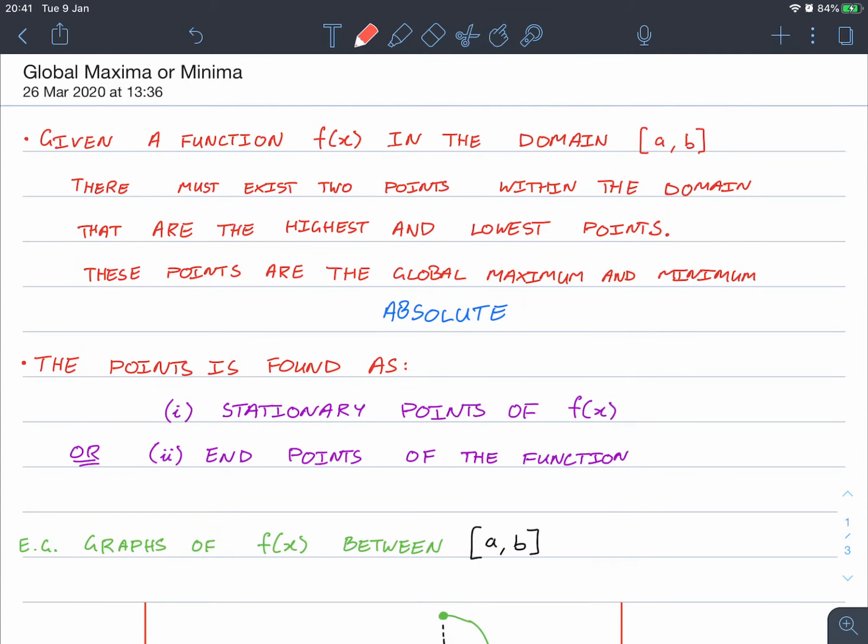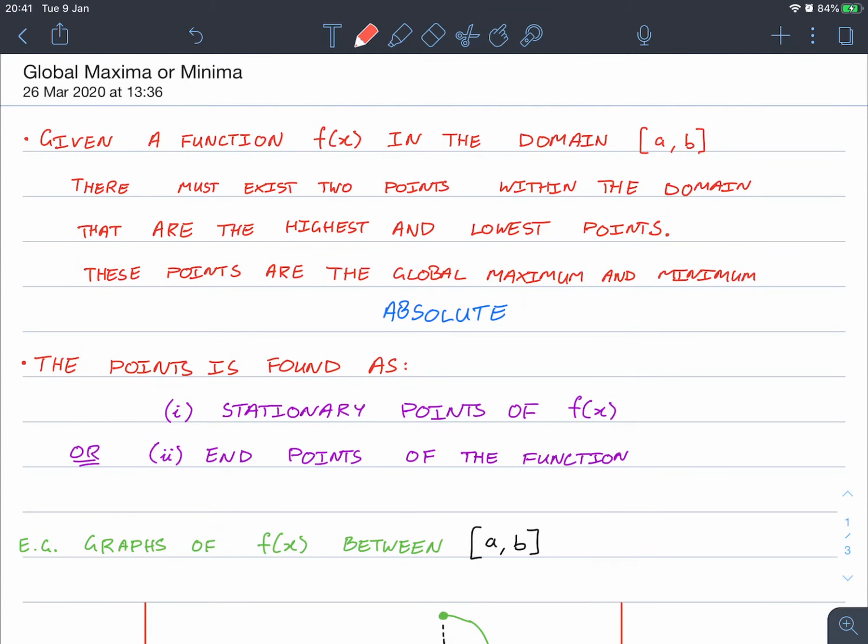For this, what I usually like to start off straight away with is check my values of 0 and 4. So I'm going to test my endpoint. So f of 0, well, that's 4 times 0 minus 0 squared. That's just 0. So 0, 0.